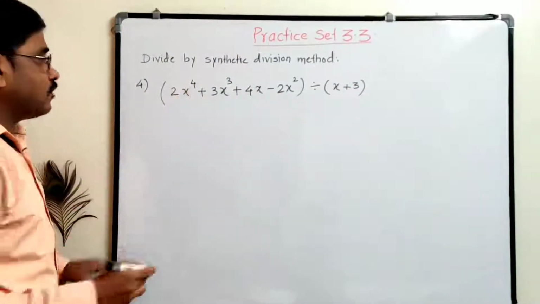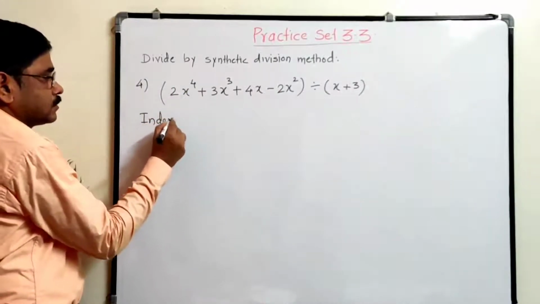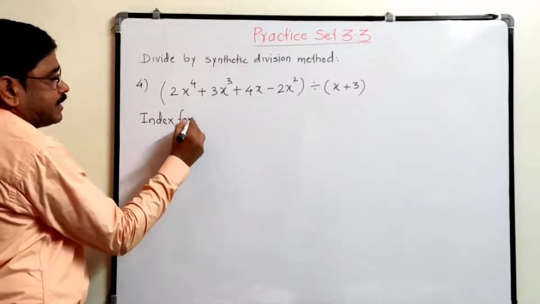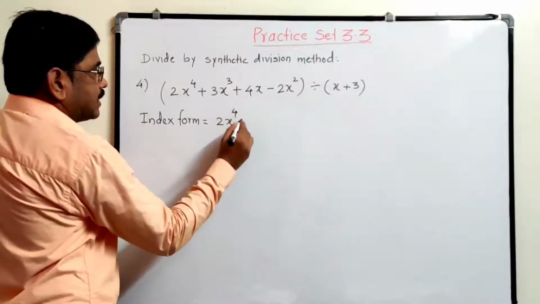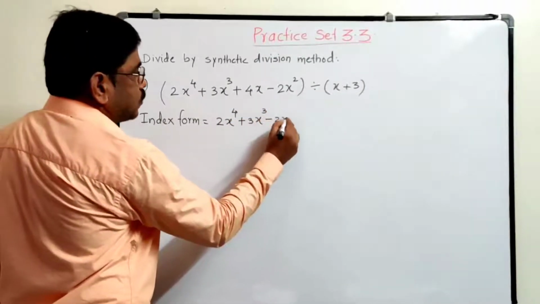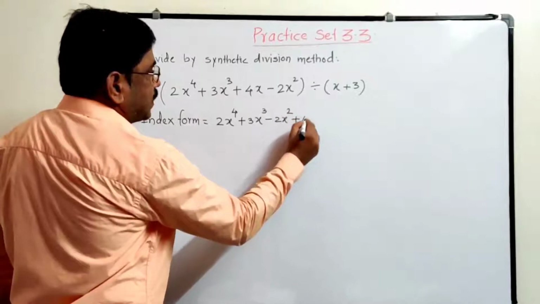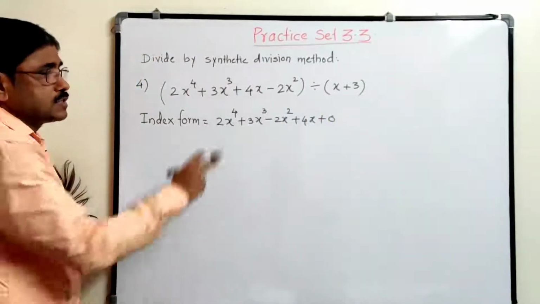first in standard form. The index form of this dividend is 2x raised to 4. After that, what comes? 3x cube. After that minus 2x square plus 4x, and the last constant term is absent, right? It is 0. The constant term is not there.